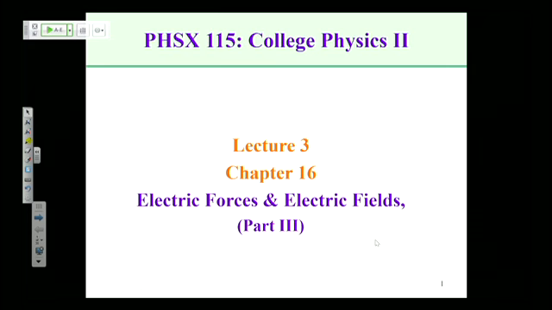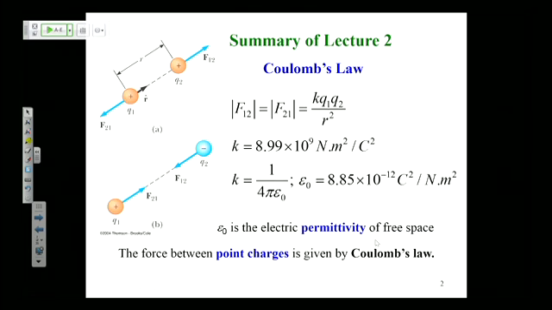We continue our discussion of electric fields and forces. What we learned so far is that electric charge is an intrinsic property of matter that determines the behavior of matter with other matter nearby or even at a distance.